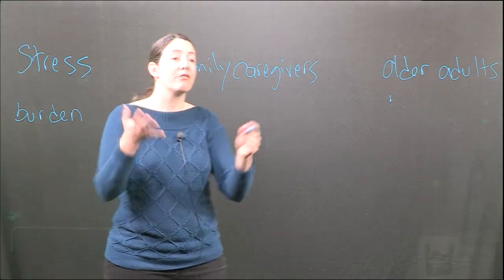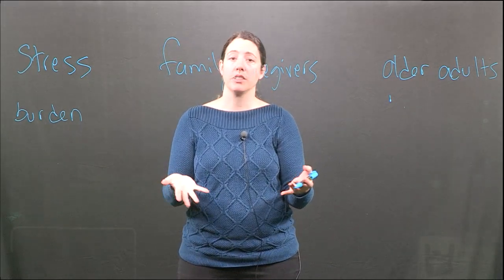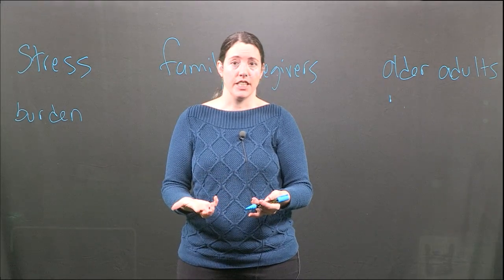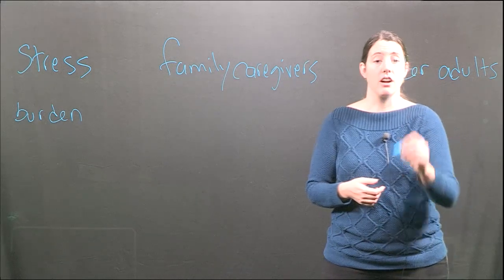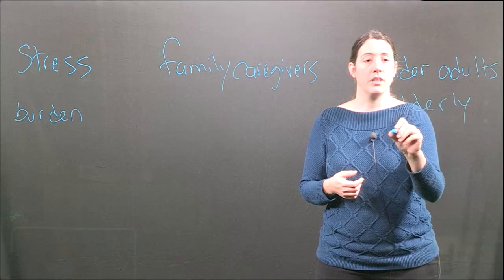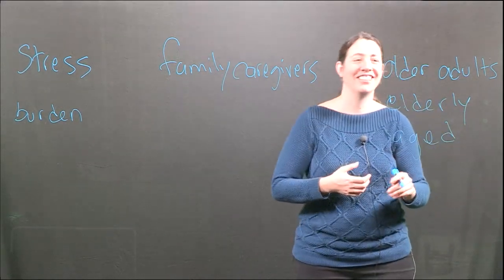A synonym for family caregivers. Now, you might have concepts that don't really have synonyms, and family caregivers is one of those that you might not have some synonyms for. Older adults, there would be synonyms there. So we could do elderly, the aged.